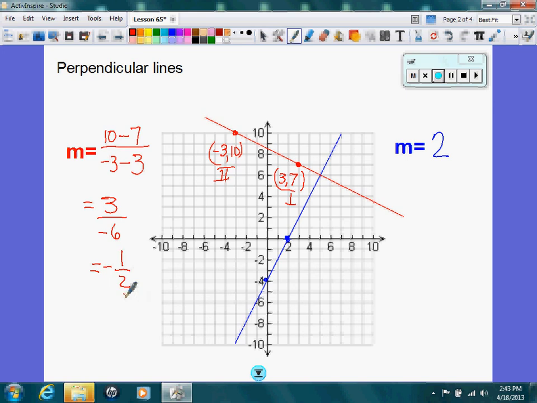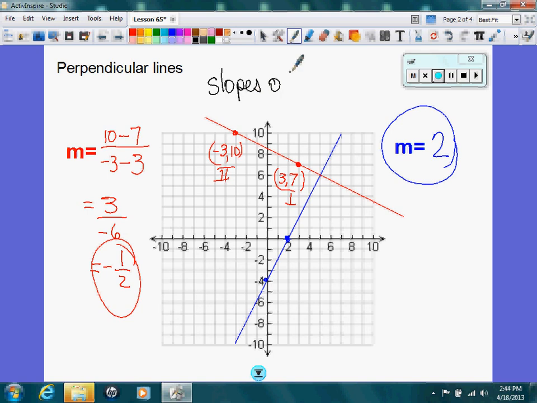So how do the slopes of perpendicular lines compare? Here's the slope of one line, and here's the slope of the perpendicular line. The slopes of perpendicular lines are negative reciprocals.